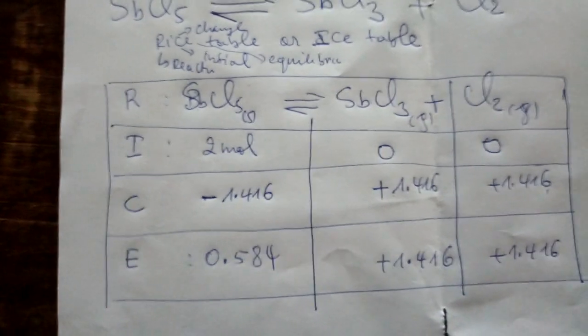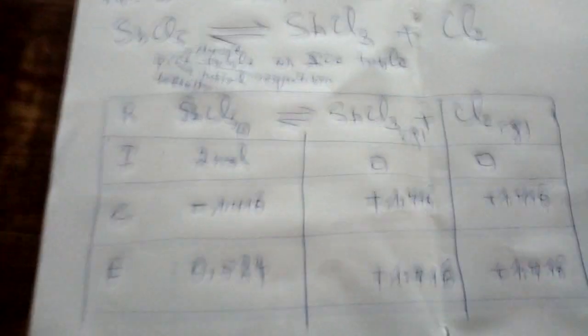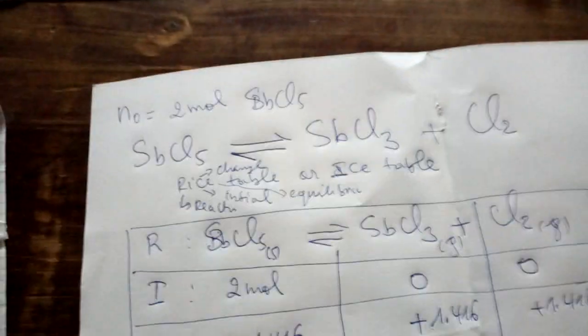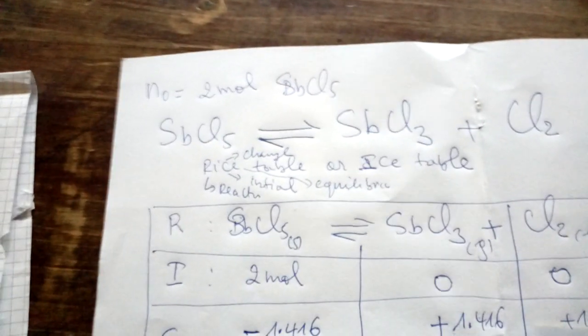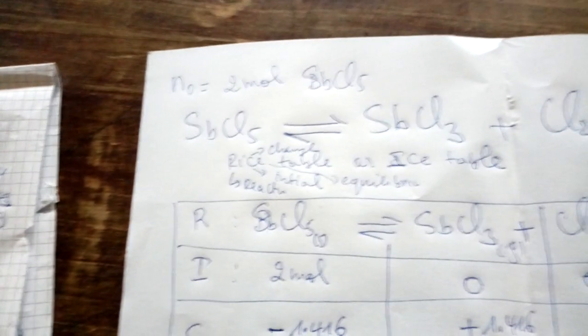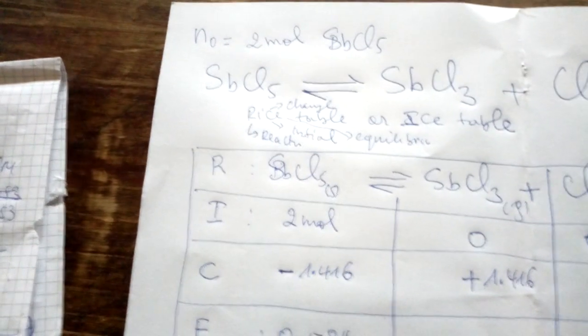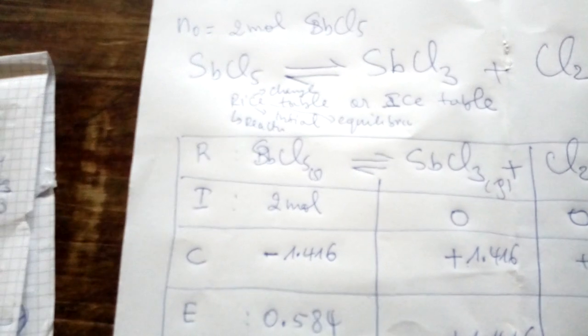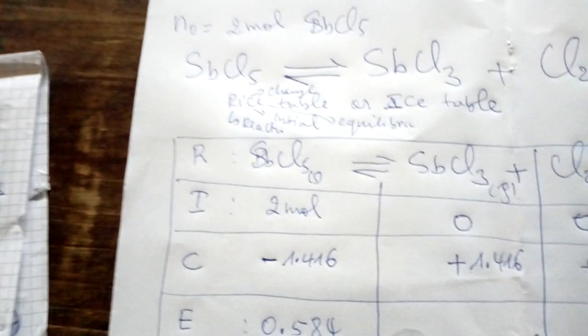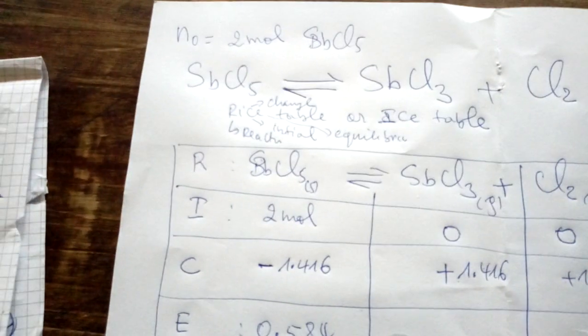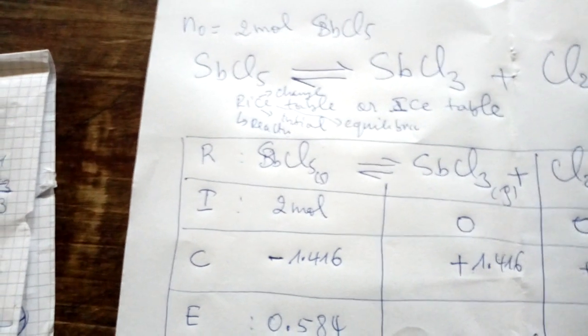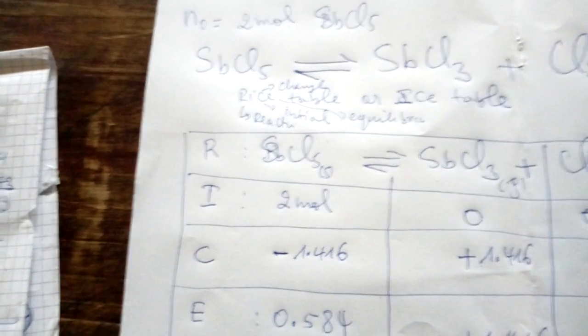So Kc in this context will be equal, because the number of moles are the same, to 1.416 times 1.416 over the concentration on this side, 0.584.